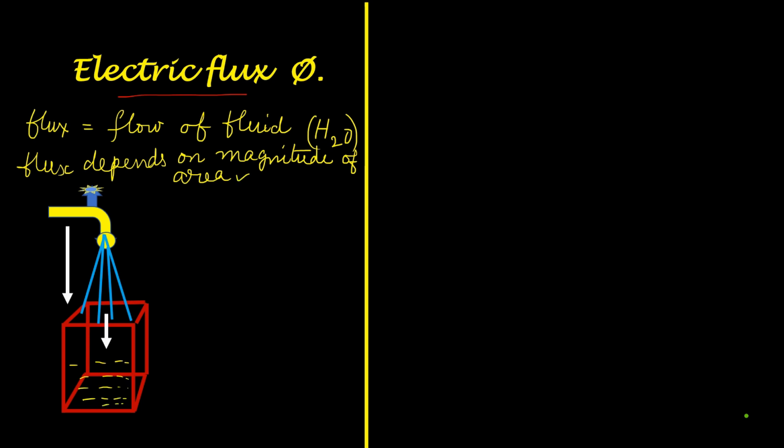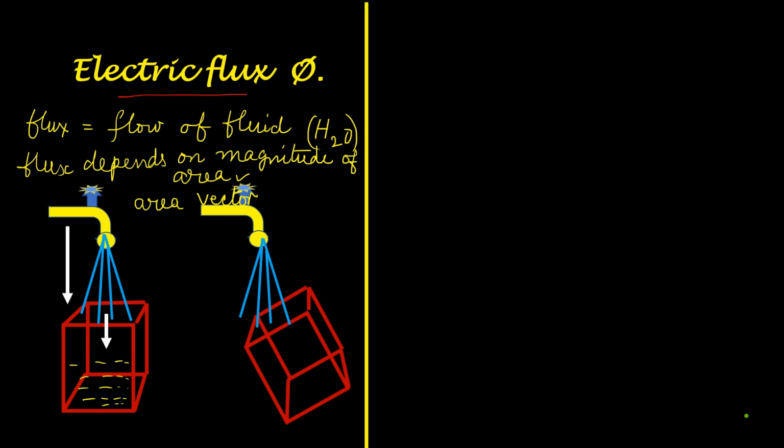So one factor which decides flux is magnitude of area, and the other is the direction of the normal to the plane surface, which is called area vector. Now let us see what happens when the vessel is kept tilted at an angle to direction of flow of water. It is not directly under the tap. See the area vector to this open plane surface. The direction of water is the same as in the previous case.